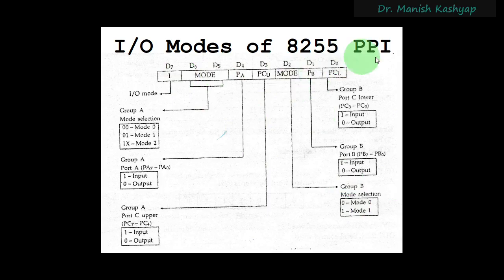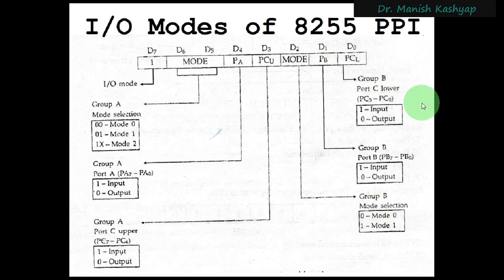So this is the control word register format for IO mode, and here you can see that the most significant bit is 1. The control word register is controlling the entire 8255 PPI IC. Because of this control register, the 8255 is programmable, a PPI, right?